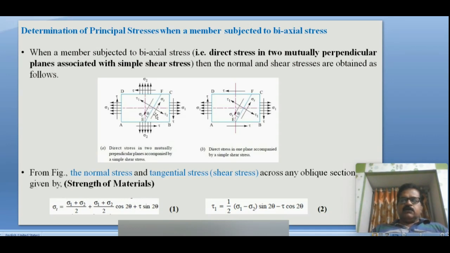There are two principal planes, each of them at right angles to the other, and on one principal plane, the maximum value of normal stress acts, that is known as maximum or major principal stress. The other one is the minor principal stress.